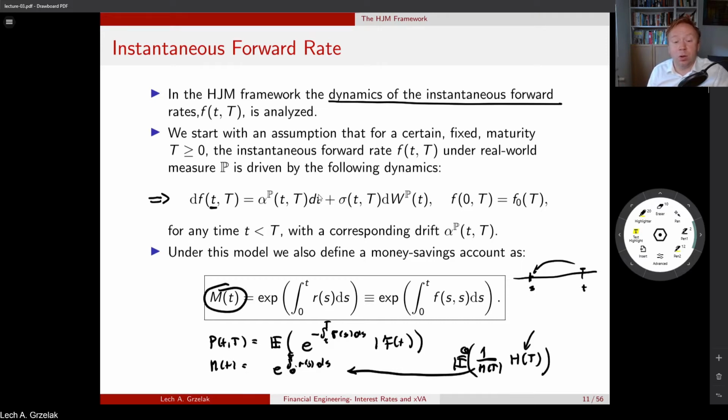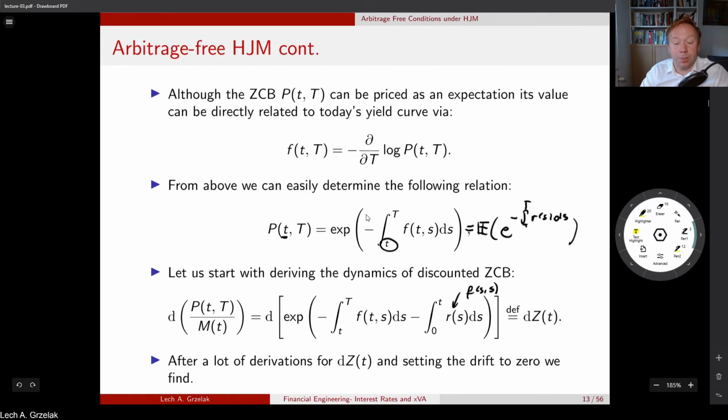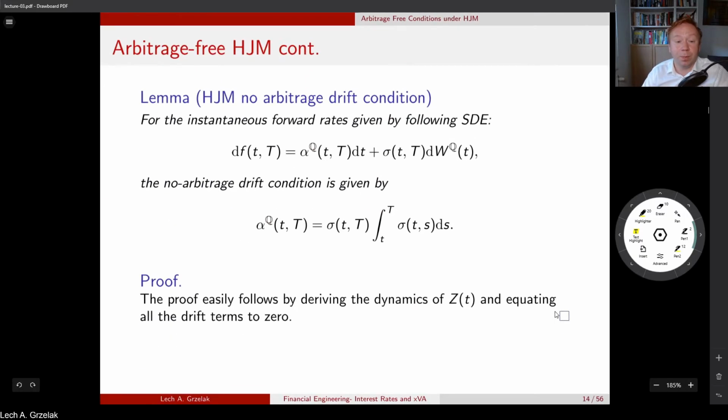And of course, if we impose the arbitrage free conditions, then this alpha P would need to be adjusted such that those zero coupon bonds divided by the money savings account, the numeraire, are martingales. So this is then defined as dZ(t). And because it's a martingale, the drift has to be equal to 0.